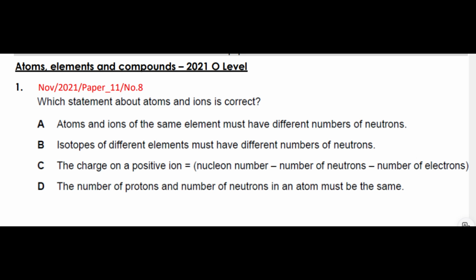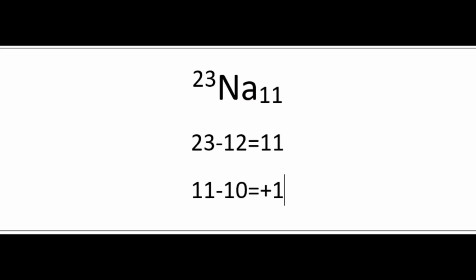Let's understand this option by considering the example of sodium, which is 11 23 Na, and it belongs to the first group, so it forms an ion of +1. It has a nucleon number of 23 and a proton number of 11, which means it has 12 neutrons.